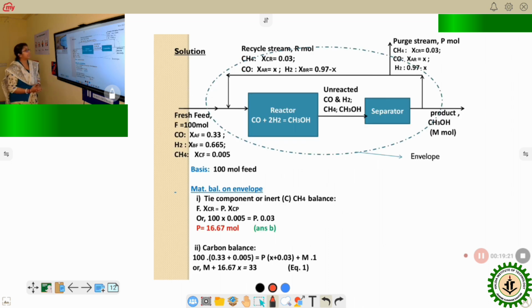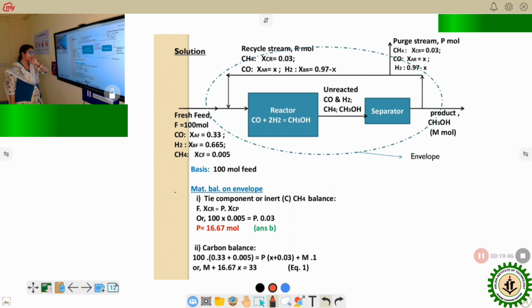Now let's see the block diagram. Here two units are involved, reactor and separator. So firstly, we are observing that fresh feed is entering; the notation for fresh feed is A, 100 moles. All compositions are given in mole percentage, so that's why we can write mole fraction here.